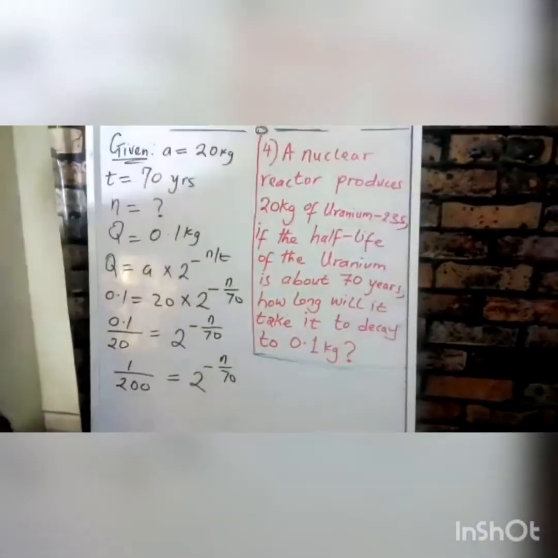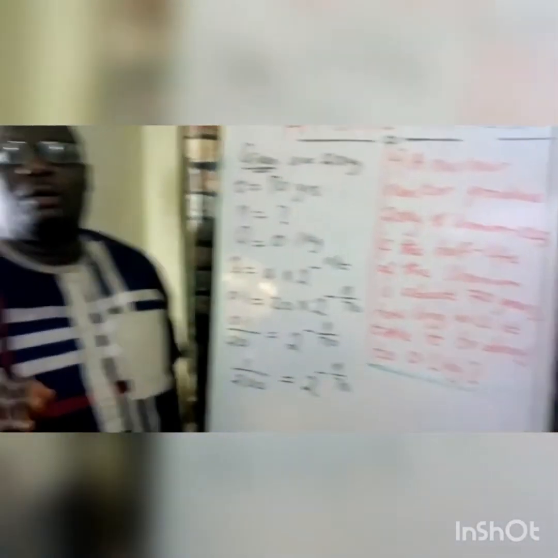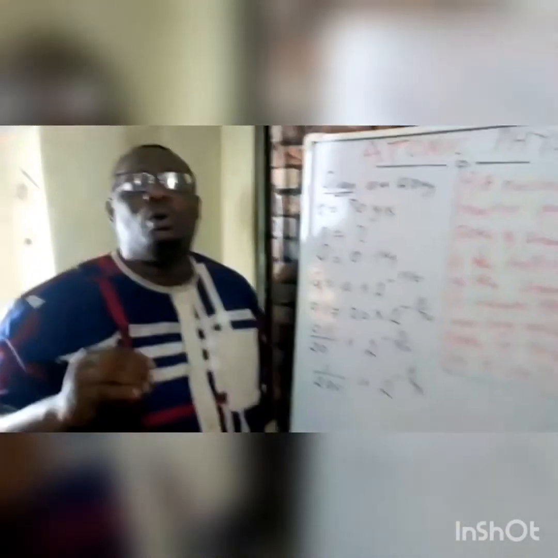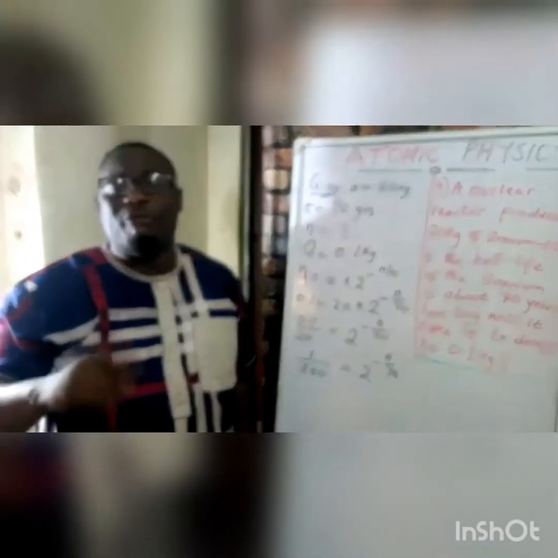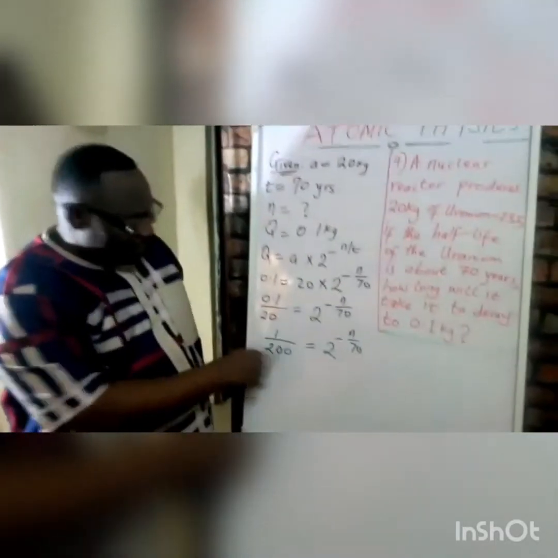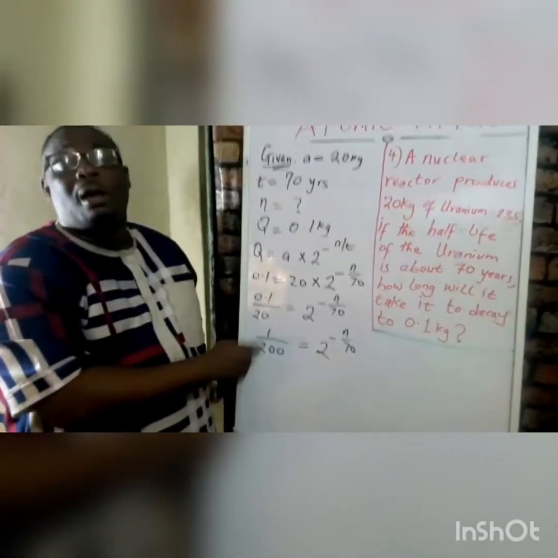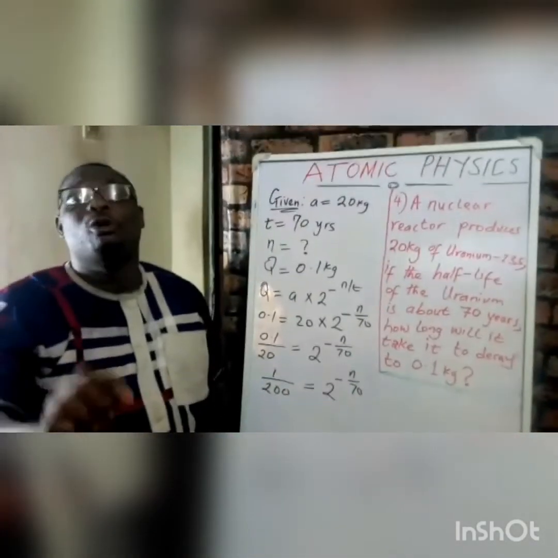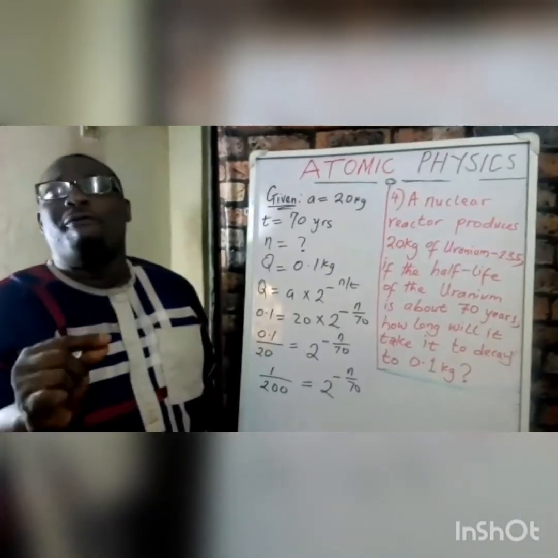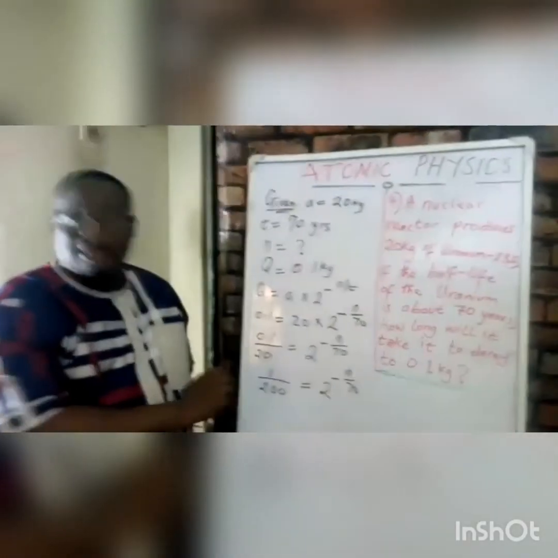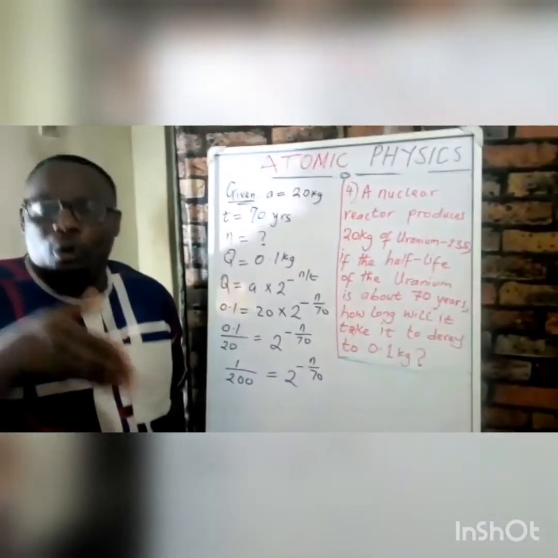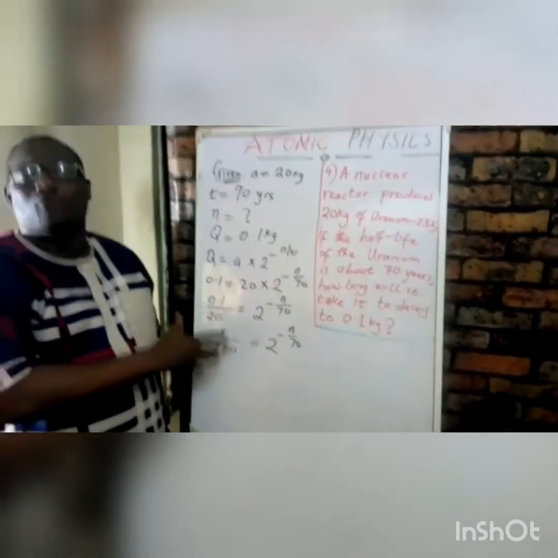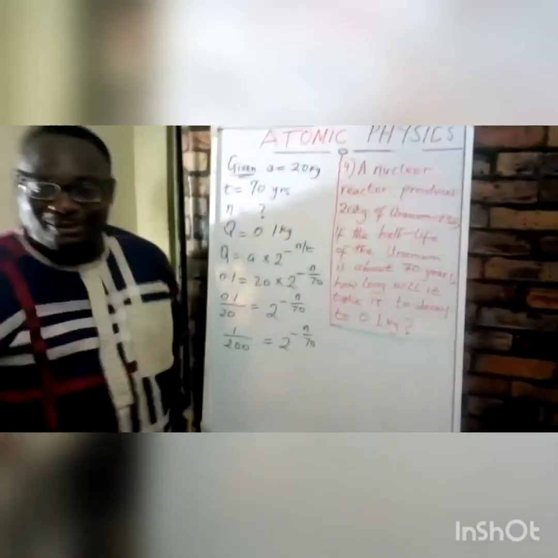This question is particularly interesting because I needed you to be aware of the fact that not every occasion that you have these very common fractions that you can just express exponentially with a base of 2. It will not always be the case. So if you are confronted with such a trick question that does not follow the normal trend, how do you handle this? Your mathematical skill to your rescue.